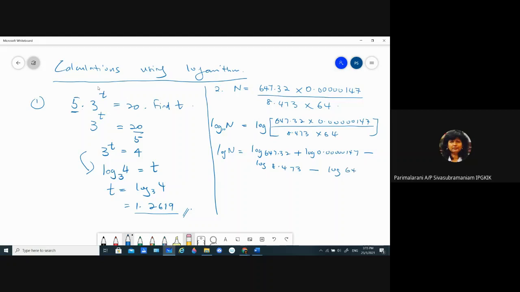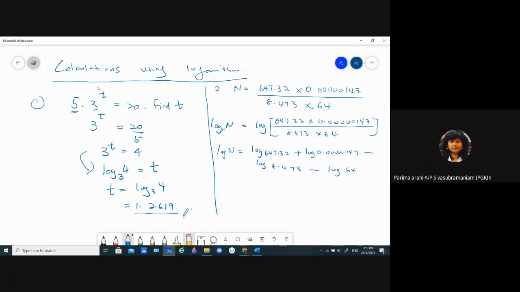Correct? Up here is times, log this times this, so you change to log this plus log this. This whole thing divided by this. Divided by this means the top minus the bottom, so this one will become minus here.